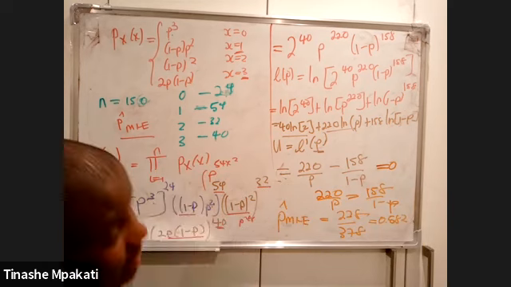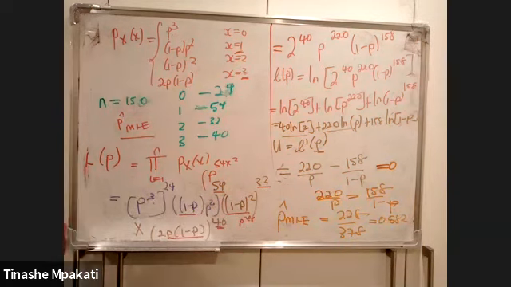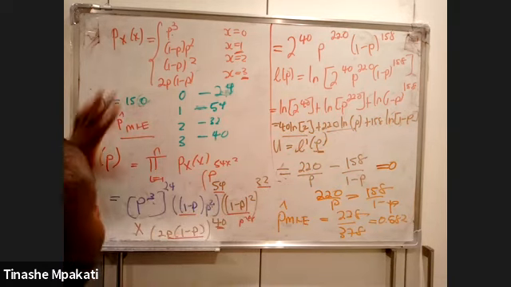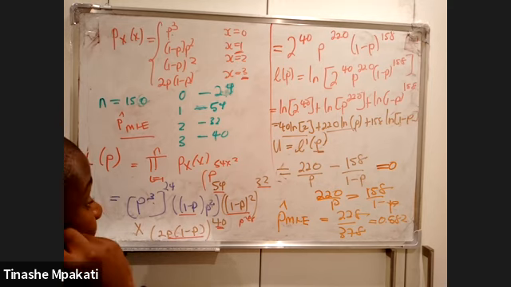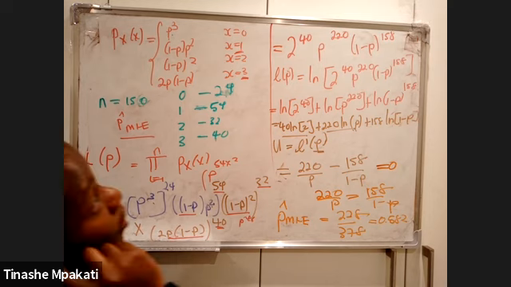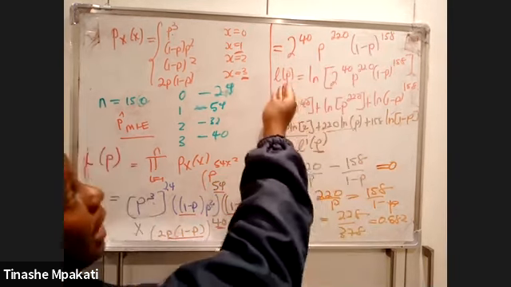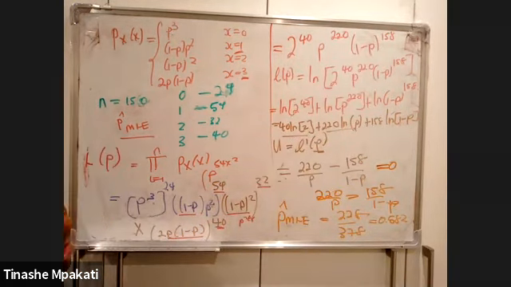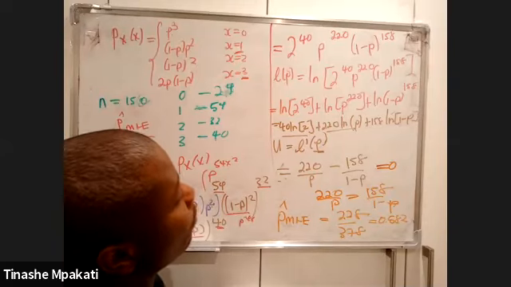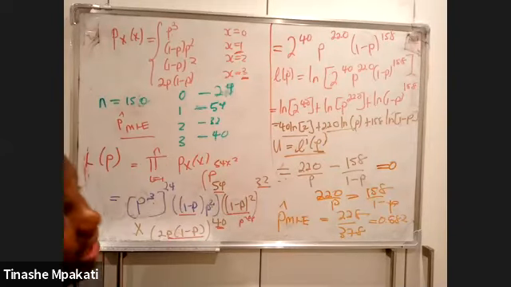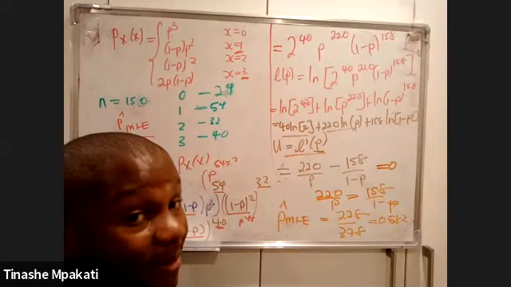I'll quickly talk for a second here. What we've done is, given our PMF, we found our likelihood function by multiplying marginal probabilities by the number of occurrences, right? Then we got our log likelihood function by taking the ln of that. Then we went on to find our score function, which is simply the first derivative of our log likelihood function with respect to the parameter of interest.